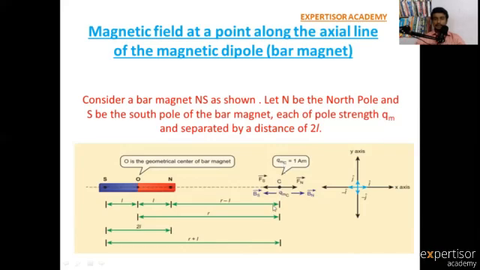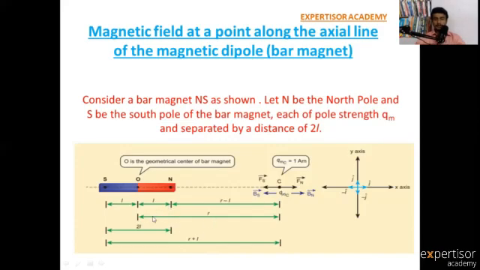The distance between point C and the north pole is r minus L. Why is it written r minus L? Because the distance between the center of the magnet and point C is small r.